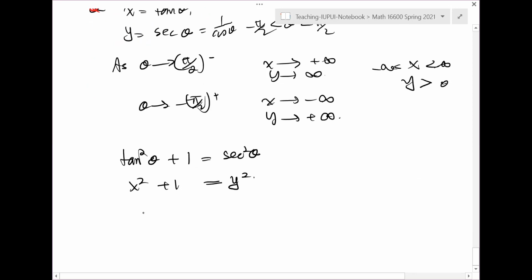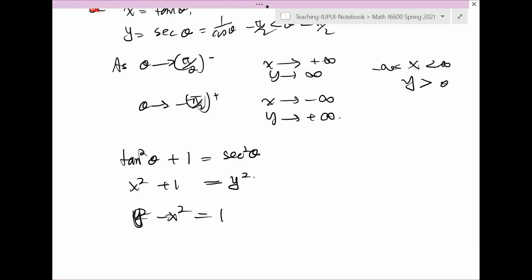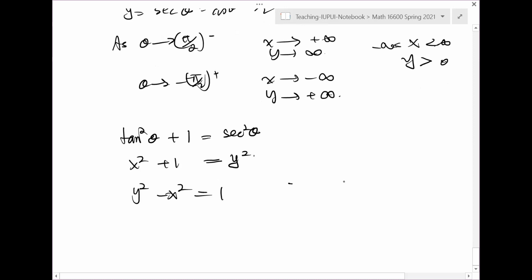So we get y squared minus x squared equals 1. Now this is a hyperbolic equation. So the graph is a hyperbola. How can I quickly draw the graph? You let x be 0, y is going to be plus or minus 1. So this passes through those 2 points.